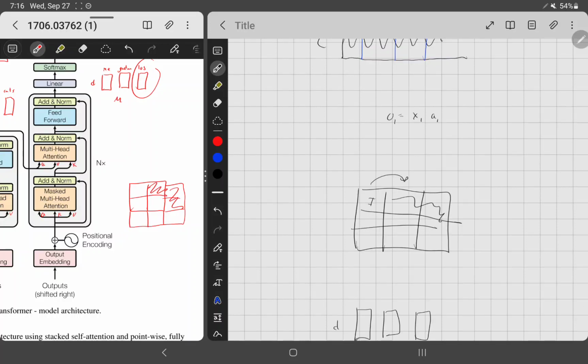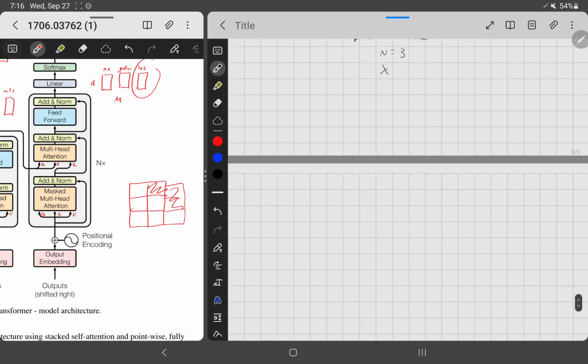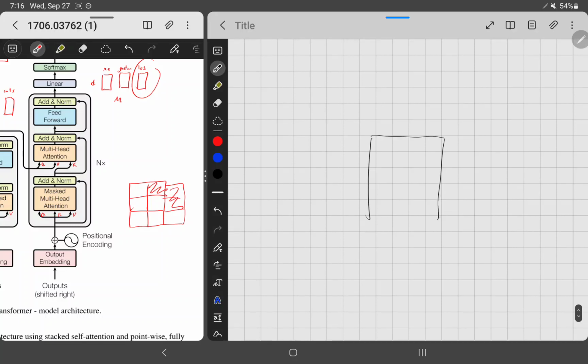Since it's only a representation of the first word, since you mask the future, you can slap on the second part of the sequence, the word "like". If you mask this properly, this will only be a combination of the words I and like. So this will be x1 a1 plus x2 a2, I guess 1,1 and 2,2. Now you mask the future so that it doesn't look in the future, and o2 is only a representation of the past.